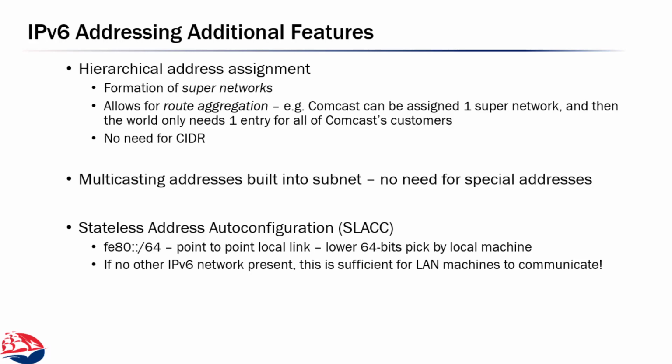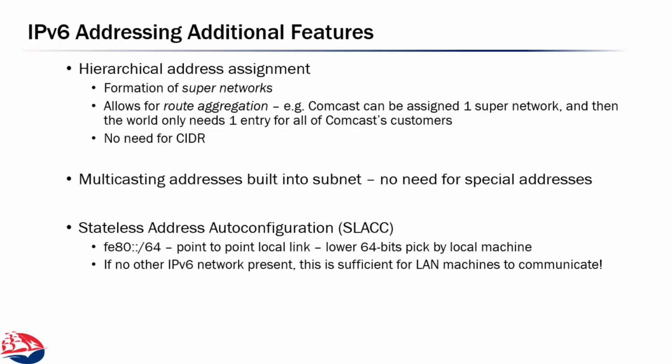And then Comcast, as far as the entire world is concerned, needs to have exactly one external entry to represent all of Comcast's network, including its customers, its TVs, and everything. And then there's no need for a CIDR subdivision, right? So externally, that one super network can be used to get everybody.